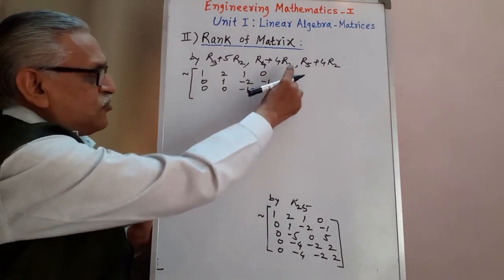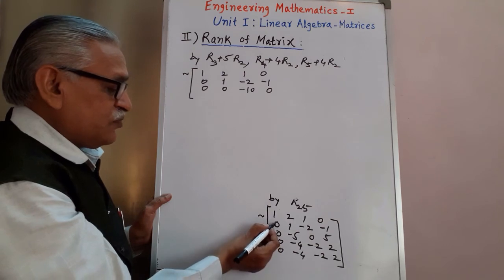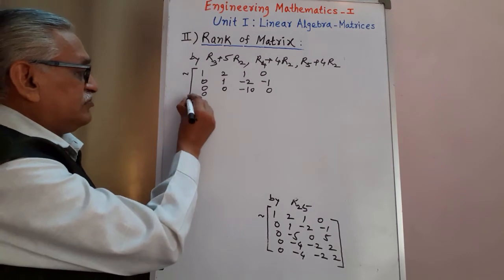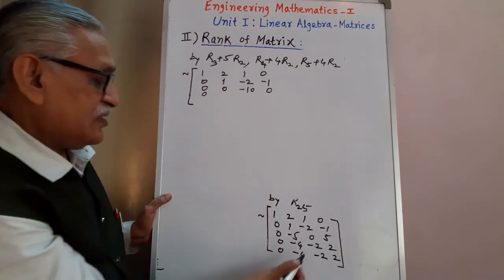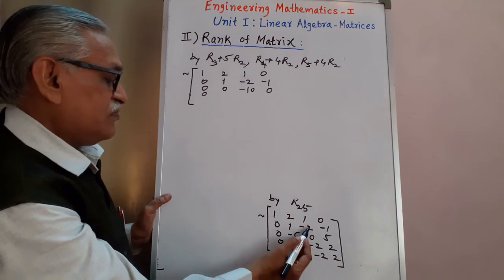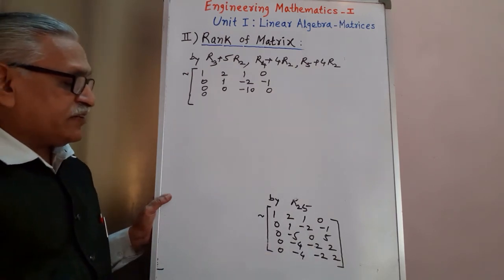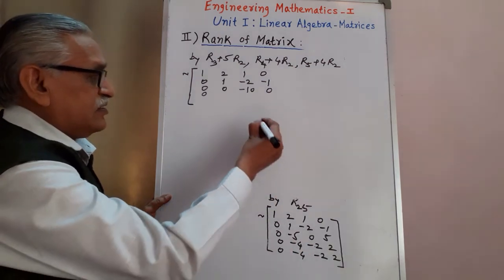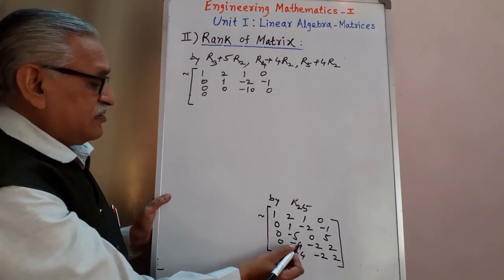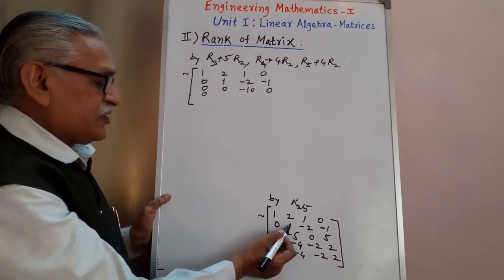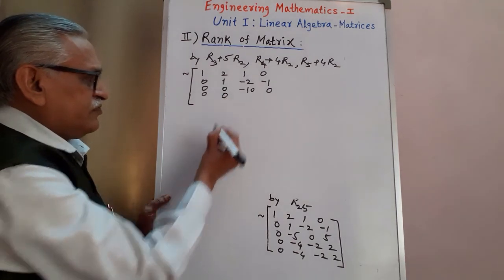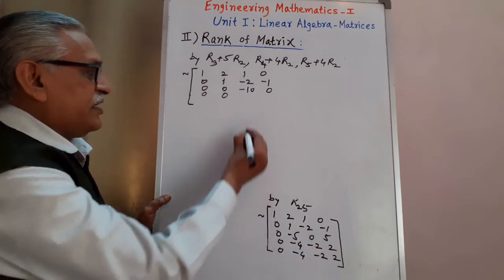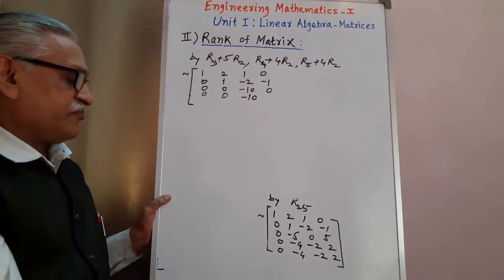Next, applying R4 plus 4 times R2, 0 plus 4 times 0, we get 0. Minus 4 plus 4, we get 0, then minus 2 plus 4 times minus 2, 4 times 2 is 8, minus 8, minus 2 minus 8, we get minus 10.